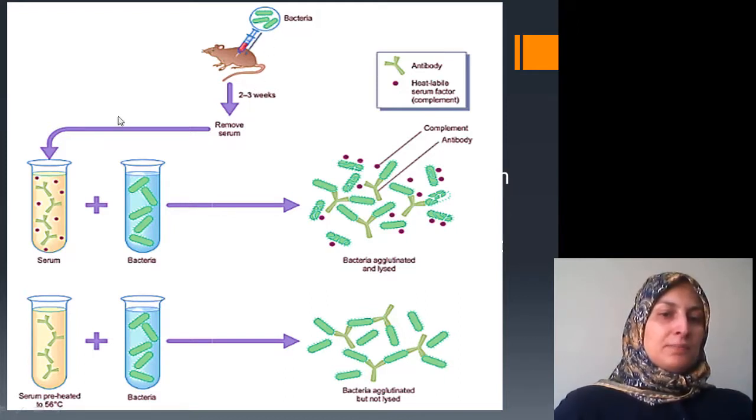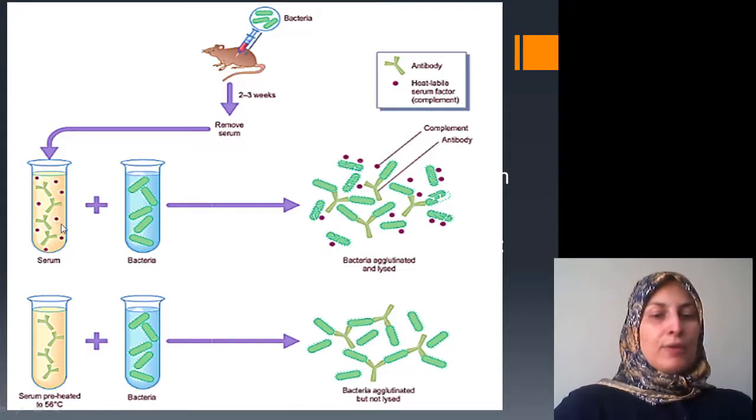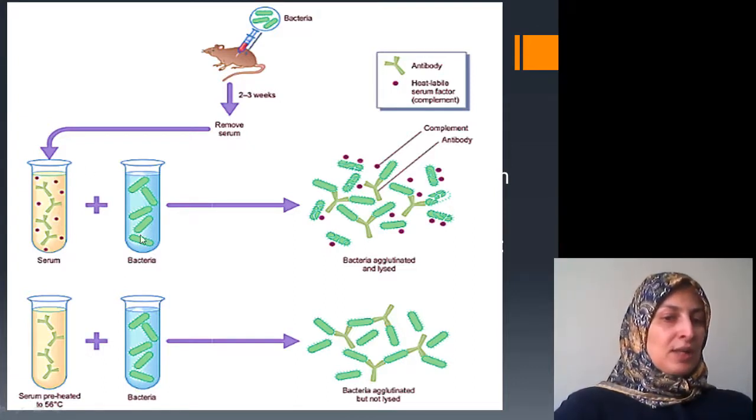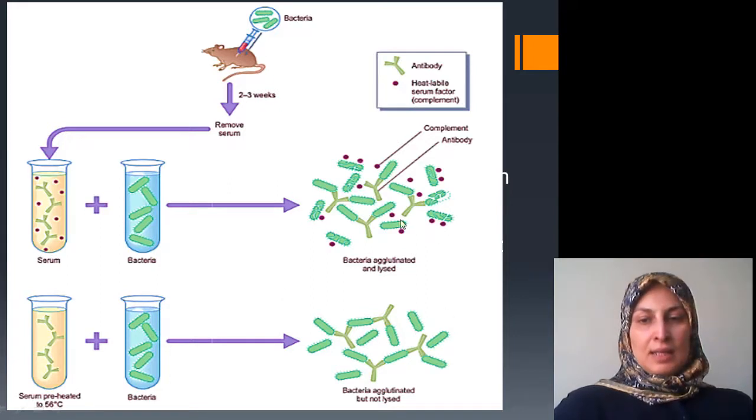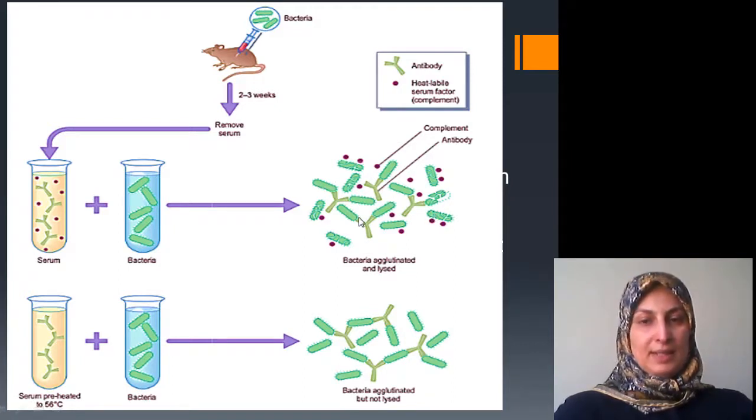If we remove the serum, it would contain the antibodies and other components, other proteins. If we got this serum and added it to another test tube that includes the bacteria, the antibodies would bind with the antigens in the bacteria, and these proteins will enhance the lysis and damage of these bacteria.